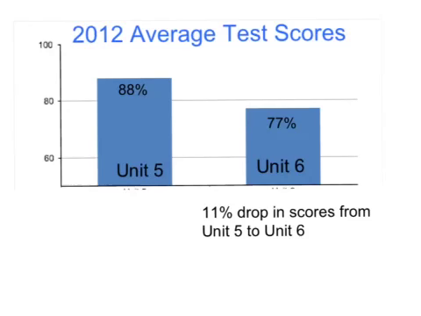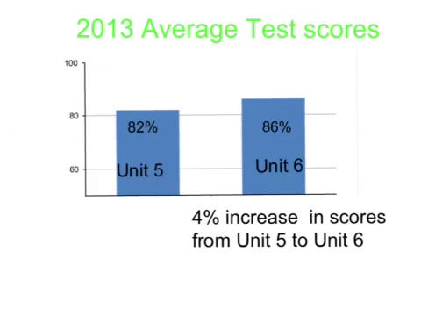In 2012, the same test was given as in 2013. But in 2013, the average score on Unit 5 was 82%, and instead of making an 11-point drop, there was a 4% increase from Unit 5 to Unit 6.